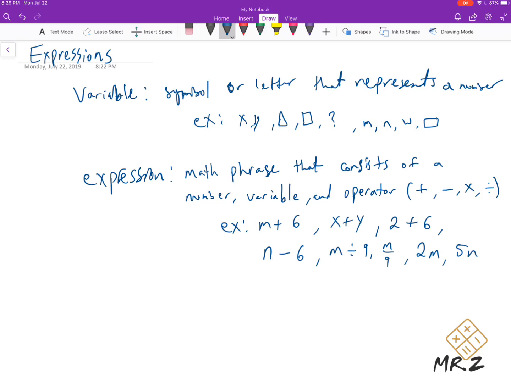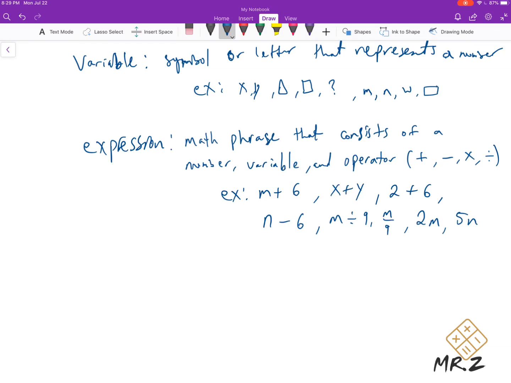So, an expression is a math phrase that consists of a number, could have a variable, and an operator. When it does have a variable, it is an algebraic expression. I don't want to write any more definitions than I have to, but just know that an algebraic expression includes a variable. So, you know what? I'll write it down and not have doubts later on or regrets.